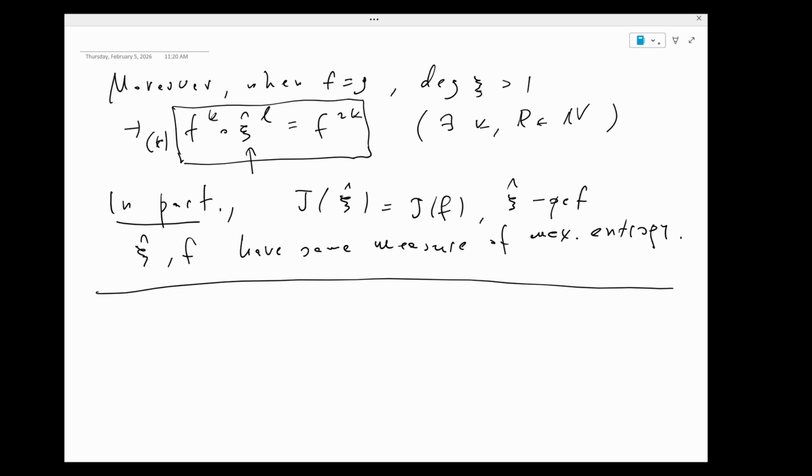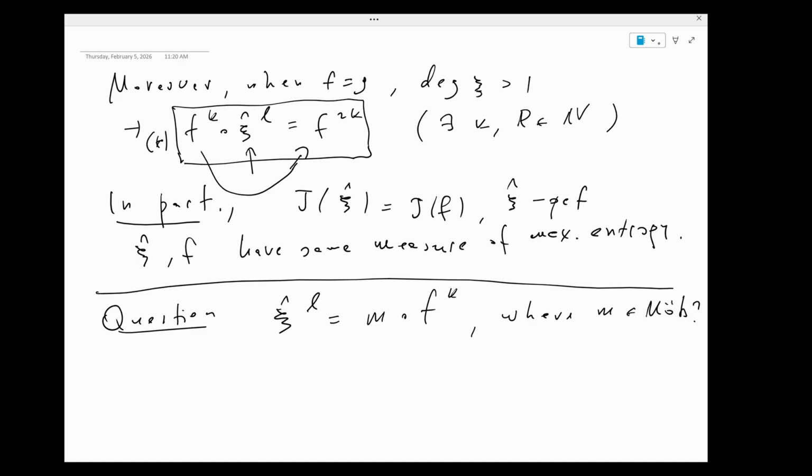We would like to know, and actually don't know, whether we can somehow take this f^k to the other side. Is it true that C^l equals M f^k, where M is a Möbius transformation?